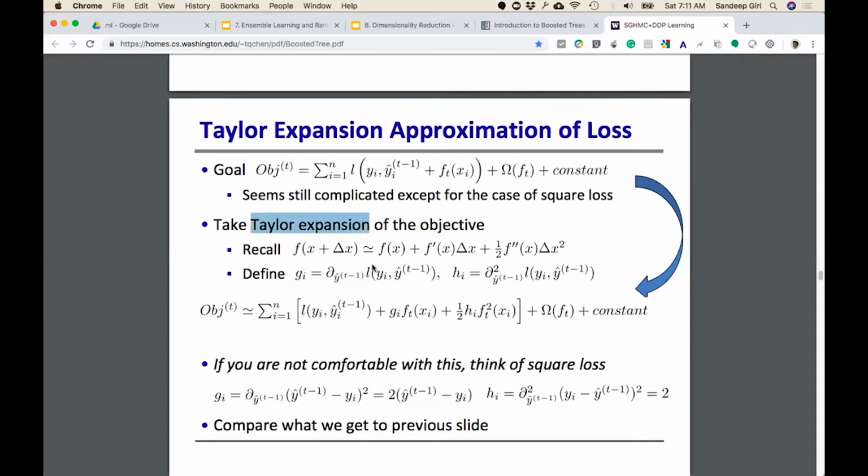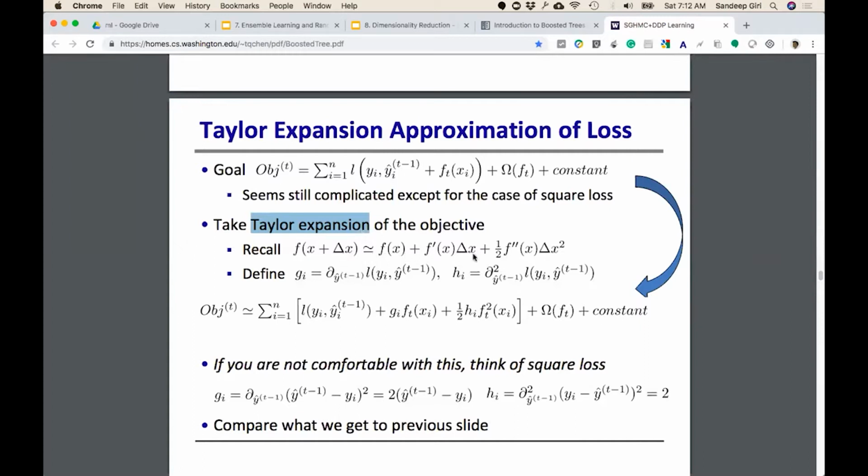You can use it, let's say, for sine x. If the initial x is 0, then sine of delta x equals sine of 0 plus the first derivative, which is cos of 0, and so on. You can generate the expansion for any function, even e to the power delta x.